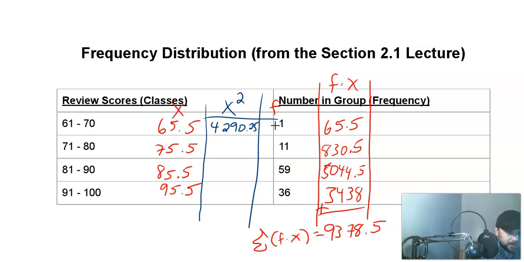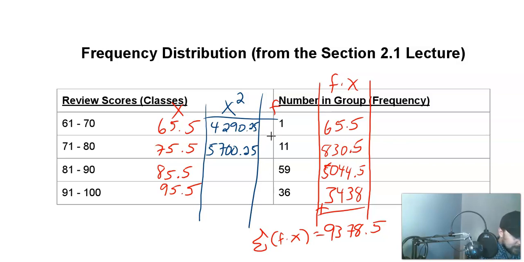Don't round it off. You need to keep all those decimal places. 75.5 times 75.5. That's squaring 75.5. And we get 5,700.25. 85.5 squared.